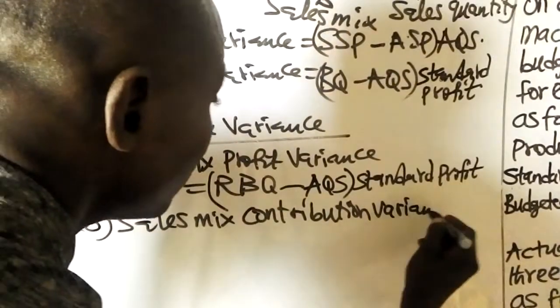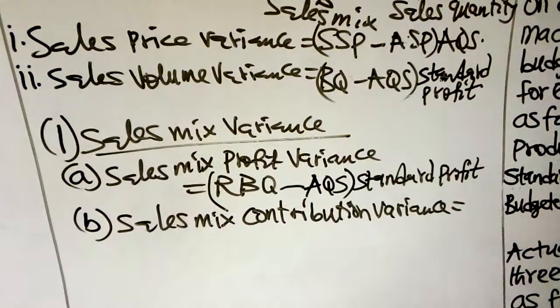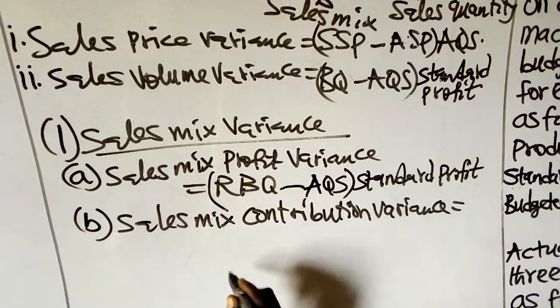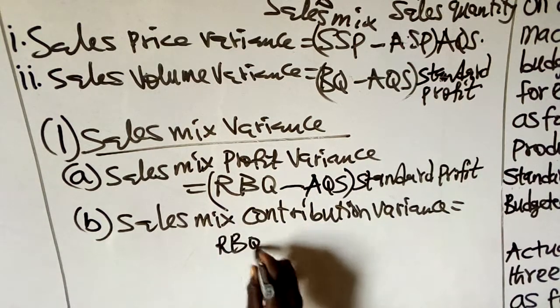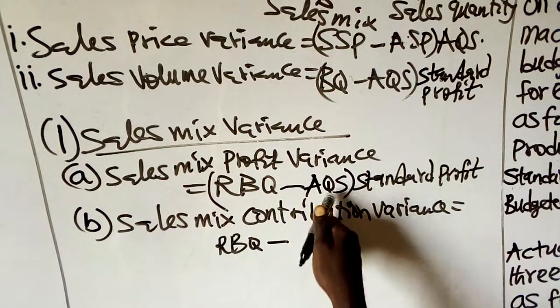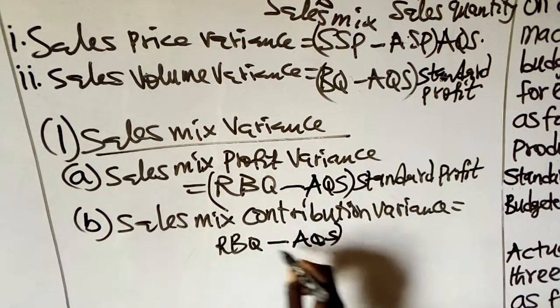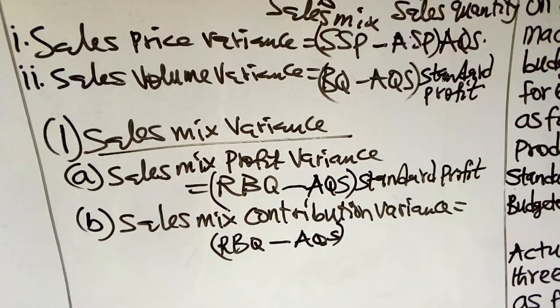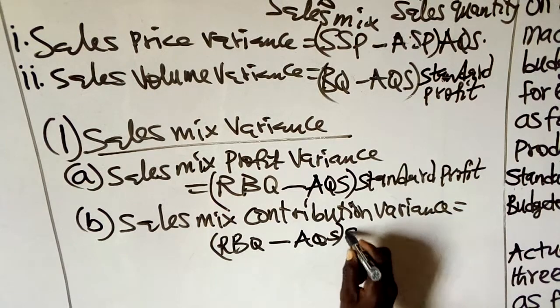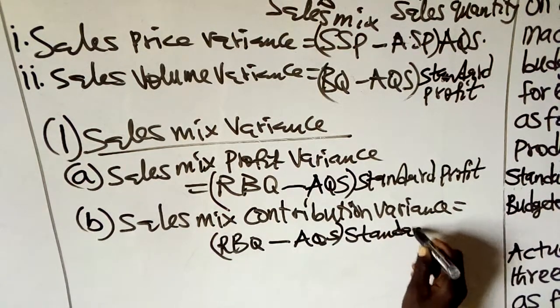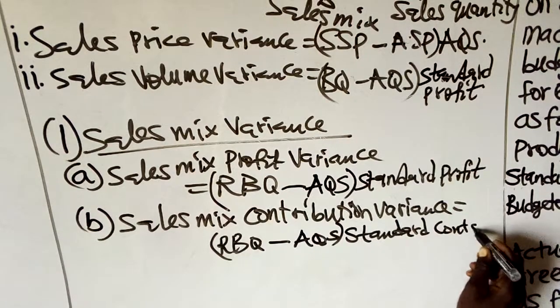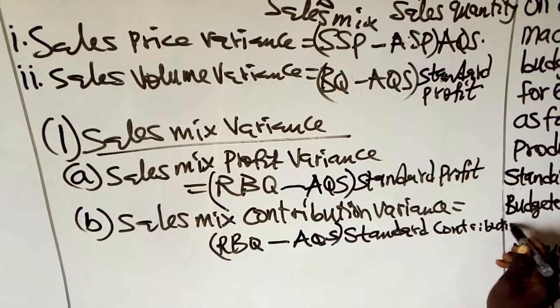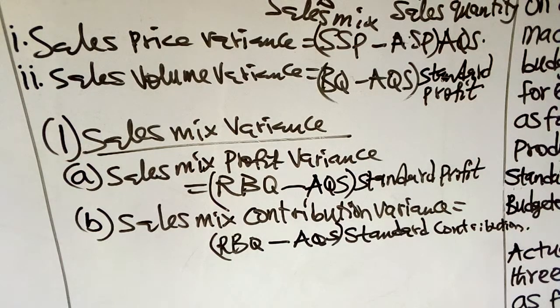The formula becomes revised budgeted quantity minus actual quantity sold, multiplied by the standard contribution.